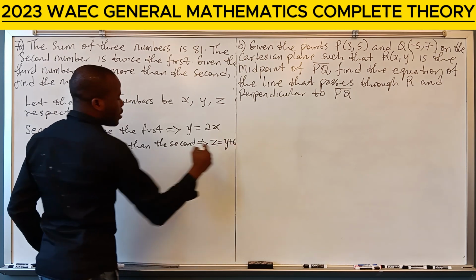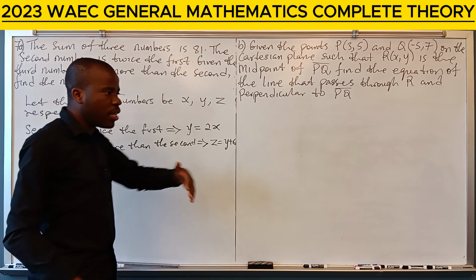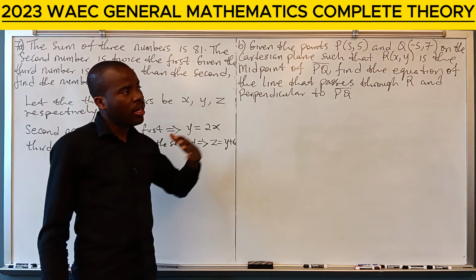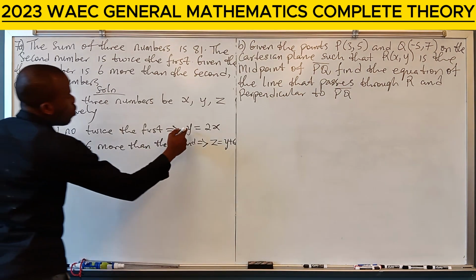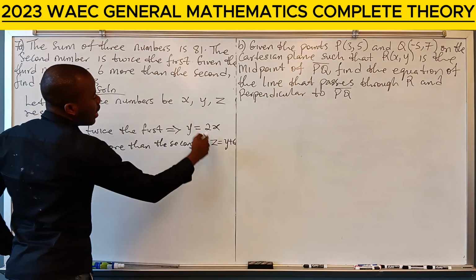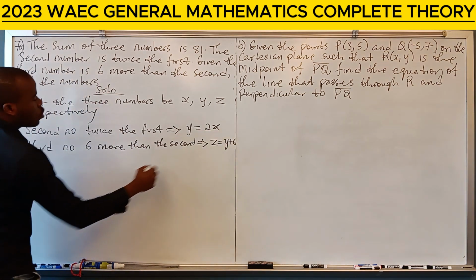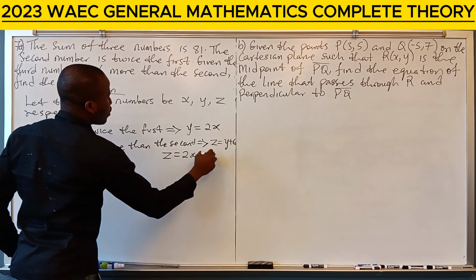If I say I'm 6 years more than you, it means my age is your age plus 6. So since y is 2x, I can replace y as 2x so that z will be 2x plus 6.